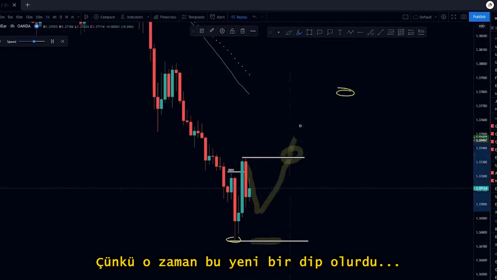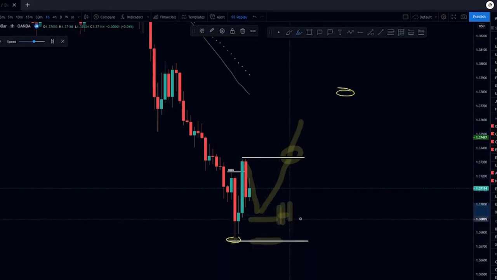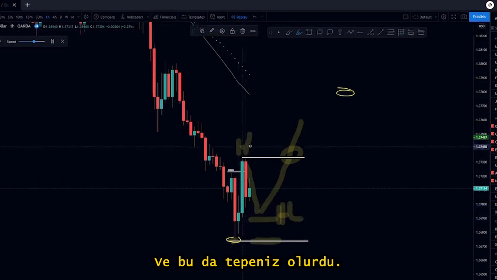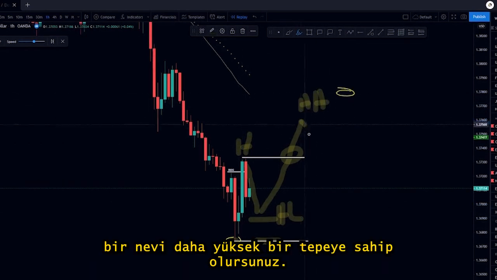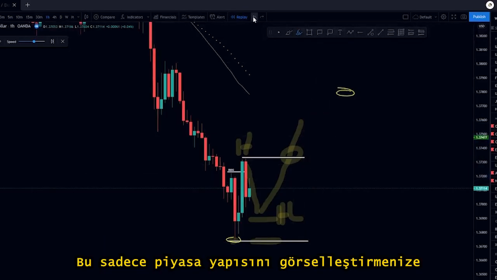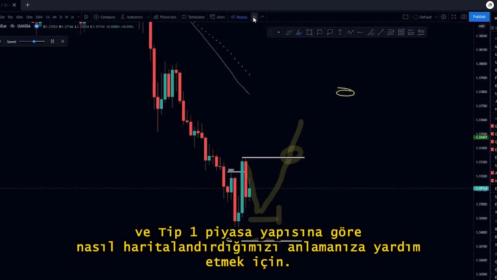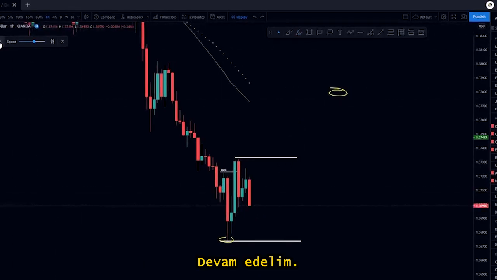Because then this would be your higher low, and then this would be your high, and then you would have somewhat of a higher high, once we start seeing price coming back. Okay, so this is just to help you visualize market structure and how we map it based on the type 1 market structure. Okay, so let's continue.